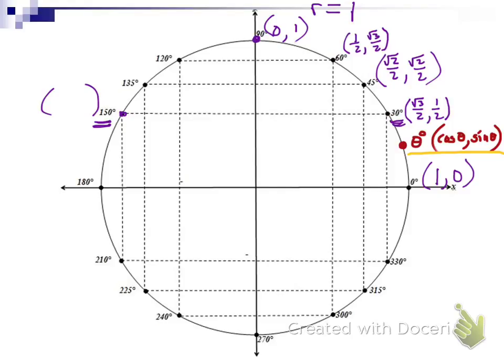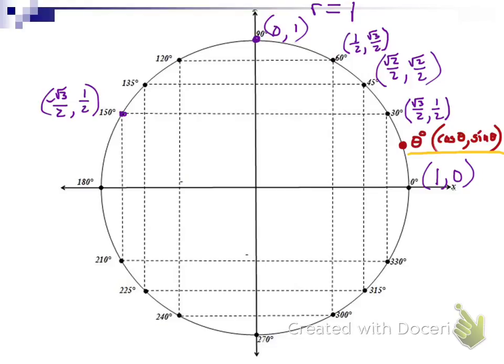The cosine is going to be negative, which means the x-coordinate is negative, right? That's consistent, right? To the left of the axis. So this will be negative square root of 3 over 2. And this will be x is negative square root of 3 over 2. Y is still positive 1/2 because it's up.